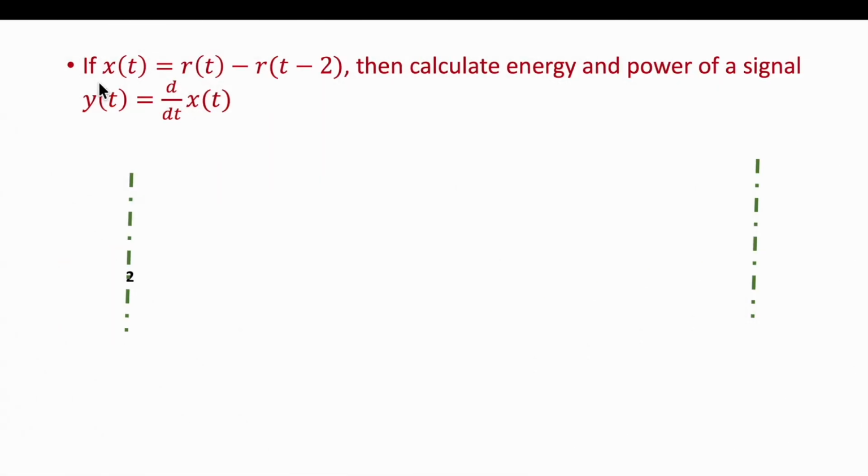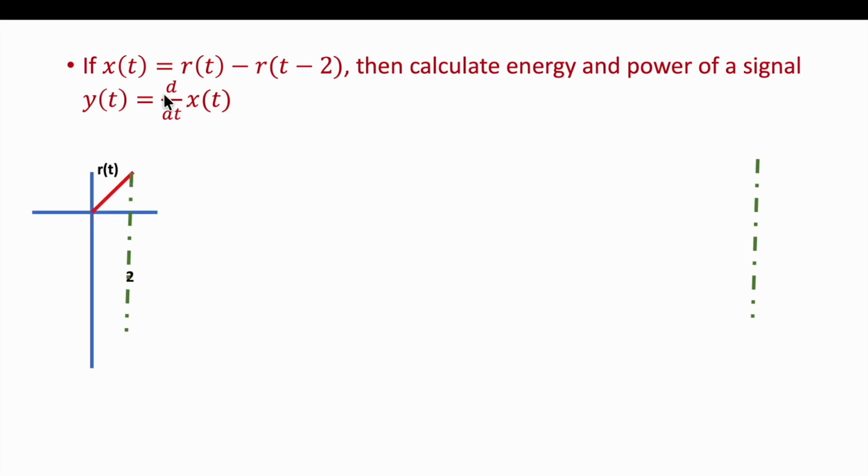In this example, we need to calculate the energy and power of a signal where x(t) is equal to r(t) minus r(t-2), and then the energy of the signal y(t), which is equal to d/dt of x(t).